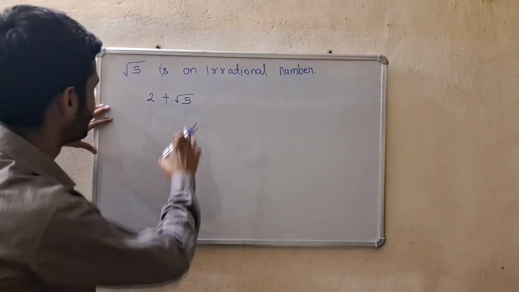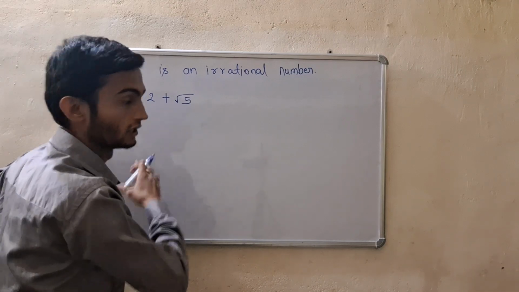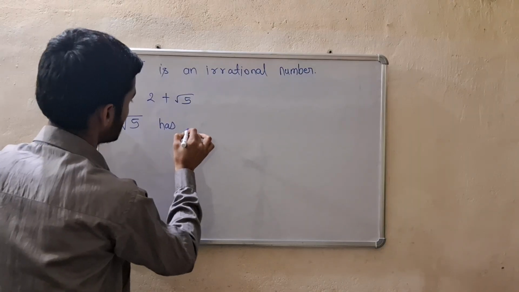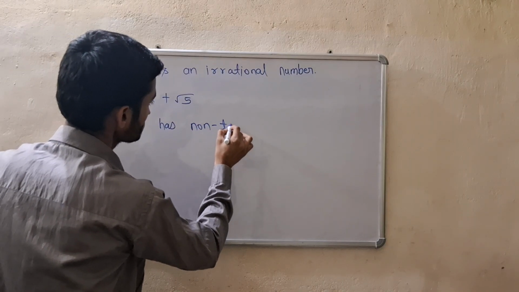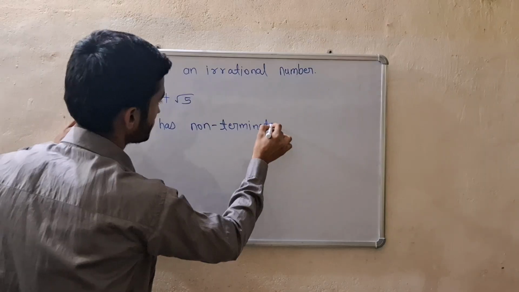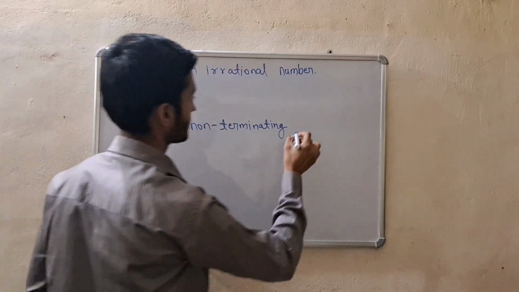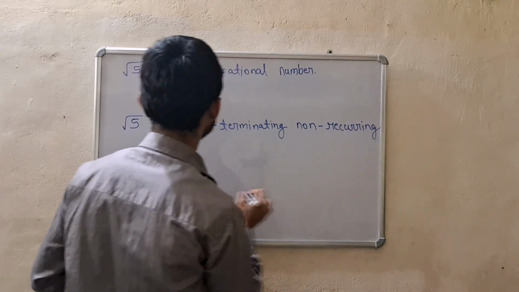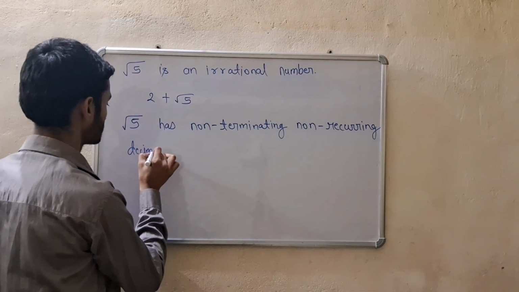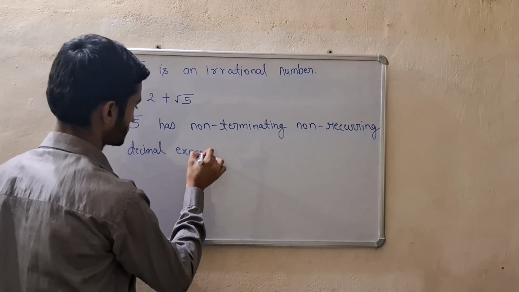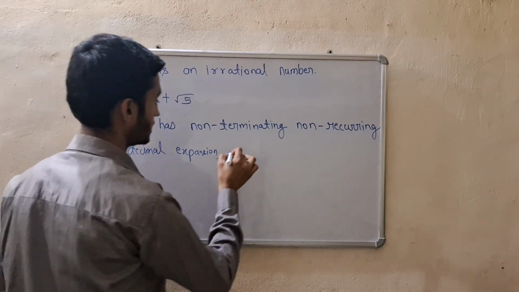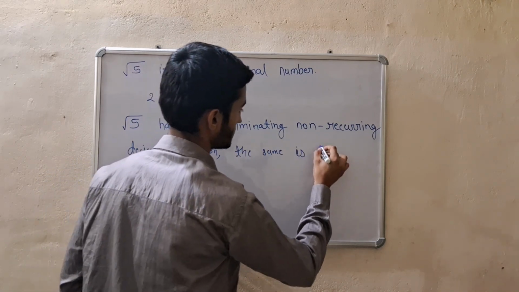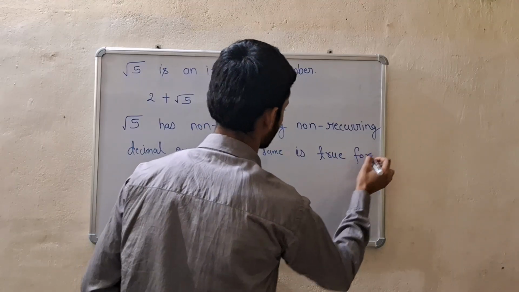Since square root of 5, an irrational number, has a non-terminating, non-recurring decimal expansion, the same is true for the given number.